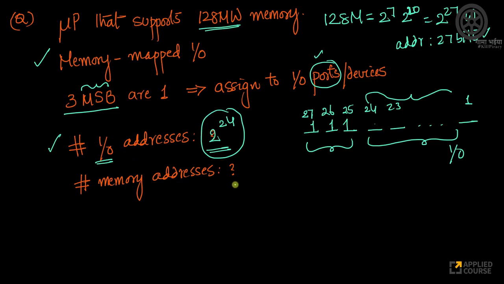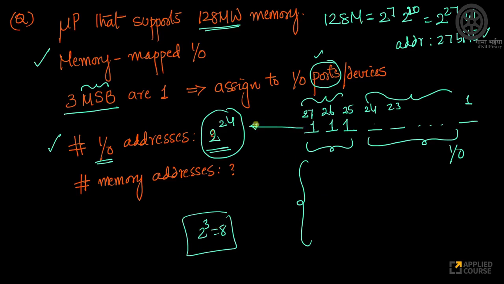How many memory addresses are there? Except for 111, how many other combinations are possible for these first 3 bits? There are 2 power 3, which is 8 possibilities. Out of these 8 possibilities, 1 is assigned to IO devices, which means you're left with 7 other possibilities for these first 3 bits, ranging from 000 up to 110.